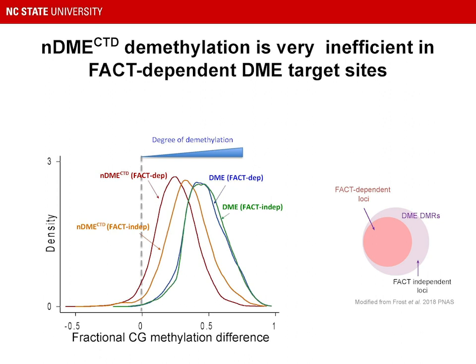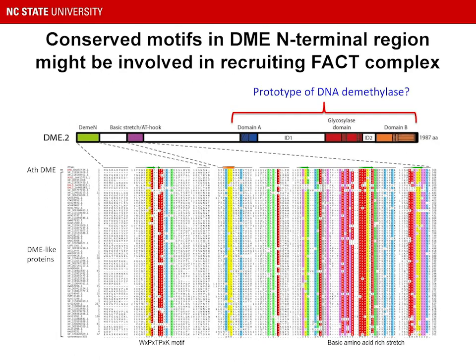severe than the independent. So based on this, we think that the C-terminal enzyme behavior could be due to lack of FAC activity. The C-terminal region is missing almost half of the protein, the N-terminal part.